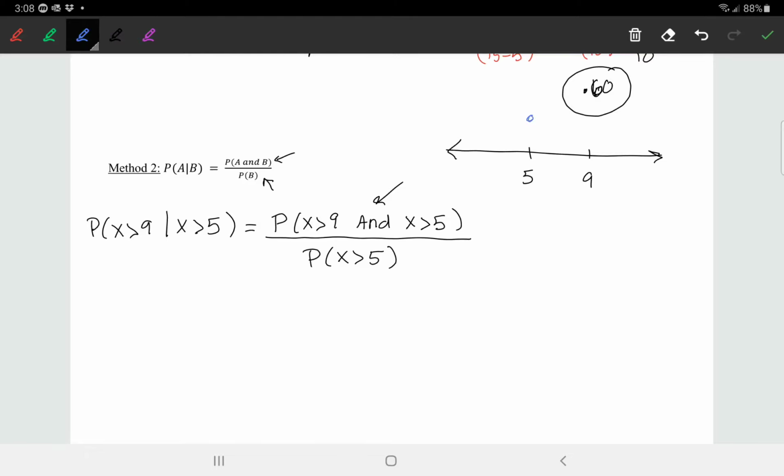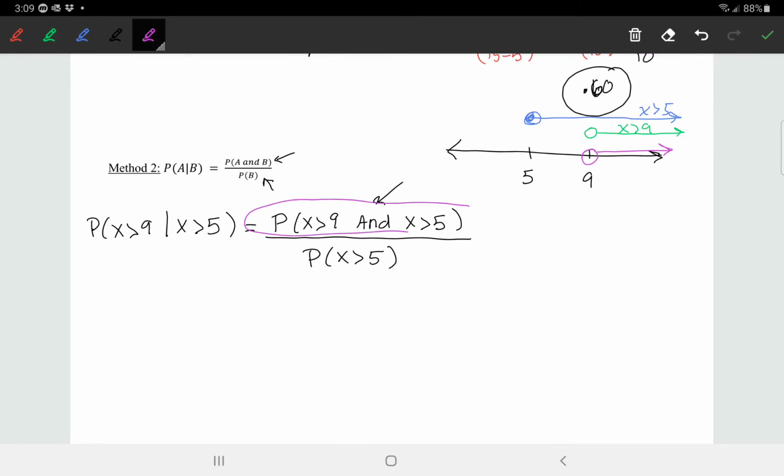So x being greater than 5 is this set of numbers. That should be an open circle. And then x being greater than 9 happens here. And so the overlap is the and statement. It's the intersection of both of those, and that is just where x is greater than 9.